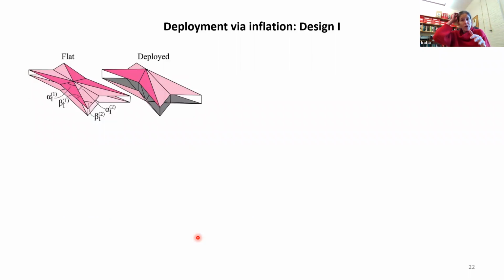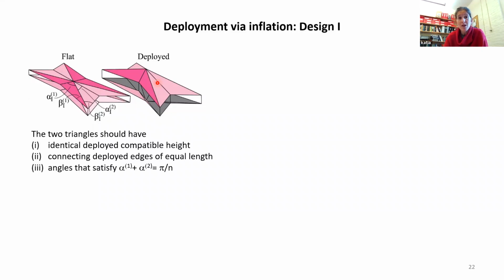So now we're going to pick two triangles. The first idea is we can put them side by side to realize this star type of structure. Then we can make two layers and put them on top of each other to create a cavity. Now, clearly, I cannot pick any pair of triangles: these triangles should have the same expanded compatible height. They should also have an edge of identical length.